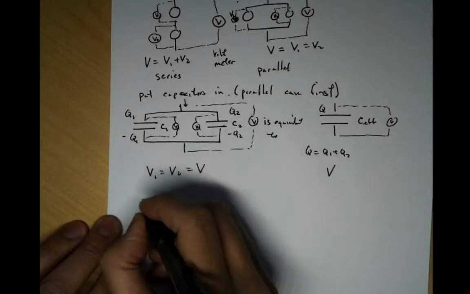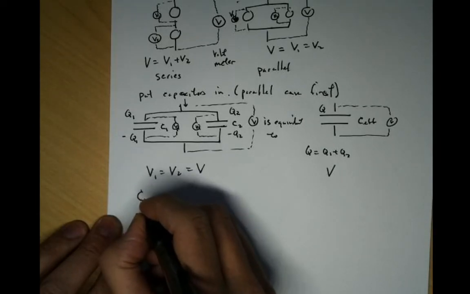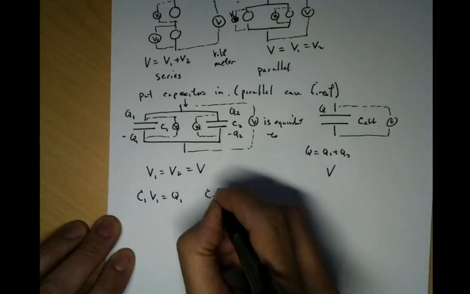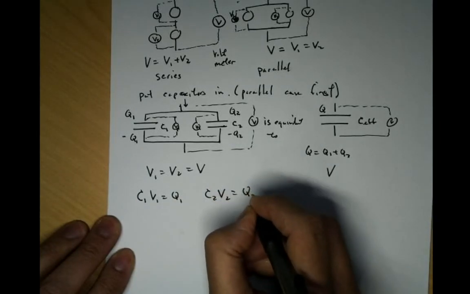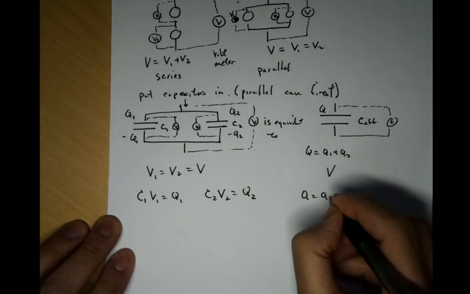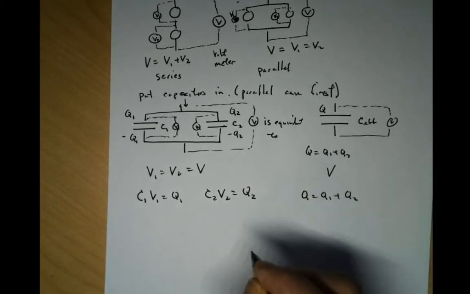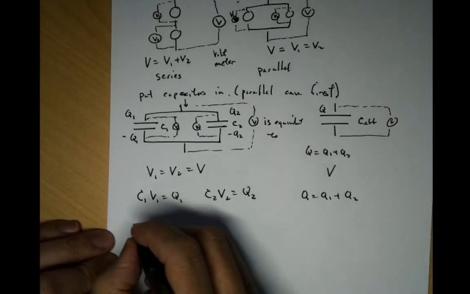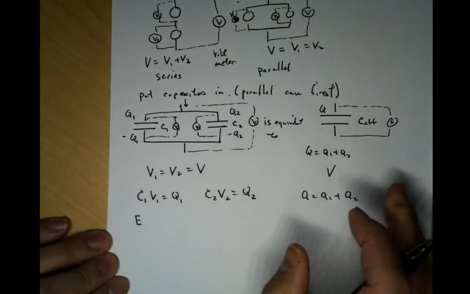We also know that C1 V1 equals Q1, C2 V2 is equal to Q2, and Q is equal to Q1 plus Q2. So let's find the effective capacitance.